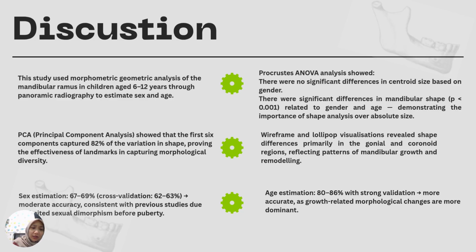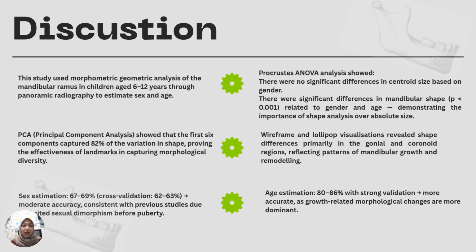Sex estimation is 67 until 69% for the discrimination function and 62 until 63% for cross-validation, consistent with previous studies due to limited sexual dimorphism before puberty.